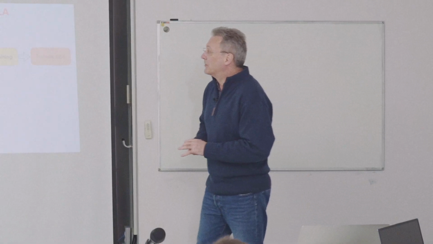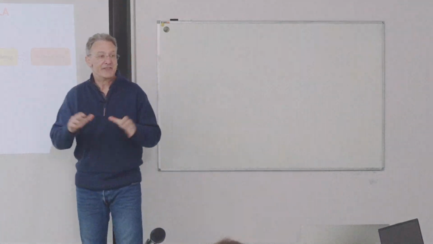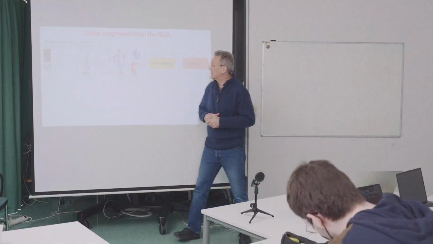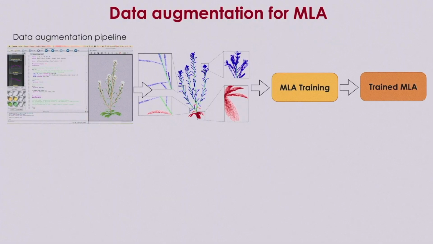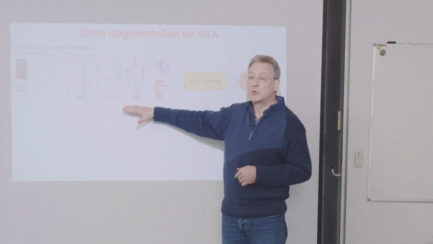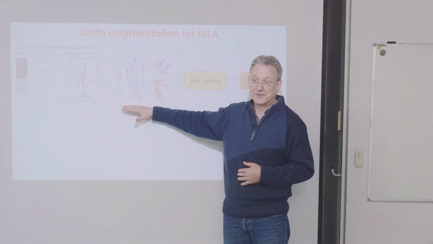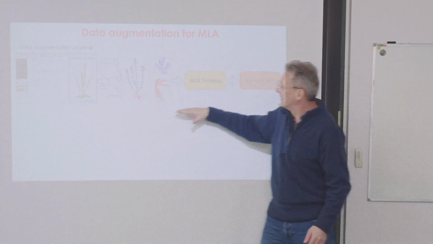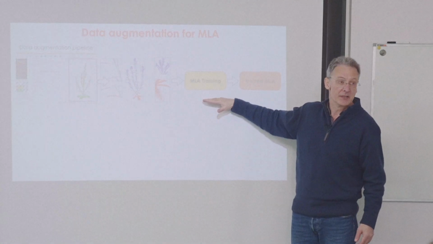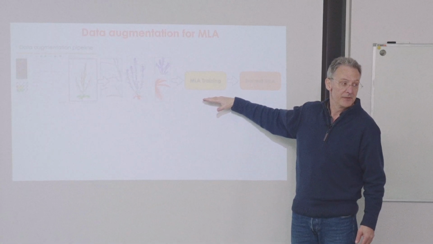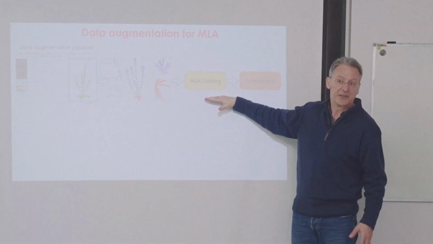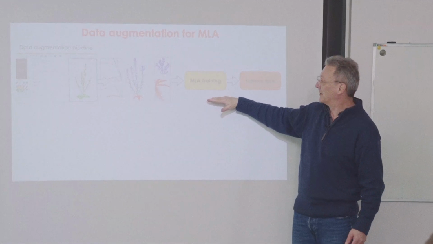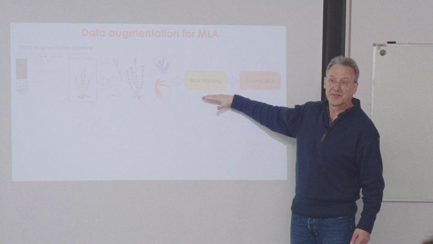So what we want to do in the context of such a phenotyping approach is to use a virtual pipeline where we would produce the virtual plant in the computer. Then we would create point clouds out of these virtual plants, so these would be virtual point clouds. Then we would use training algorithms in the context of this machine learning construction process.